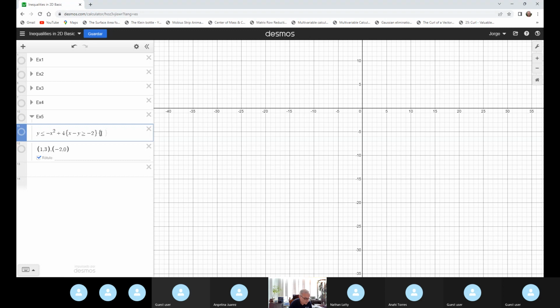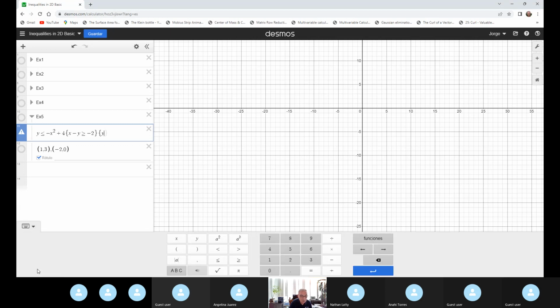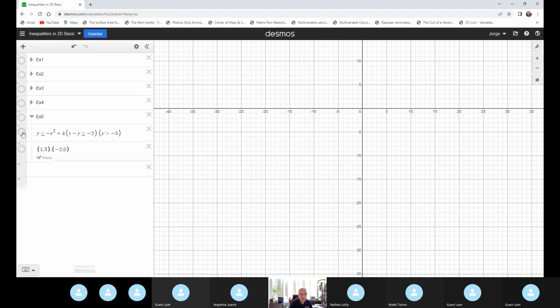And it is y greater than or equal to, and I recommend using the Desmos keyboard, which is fantastic for the less than, greater than, or equal signs. So greater than or equal to -5. Sorry, it's -5. Okay, ready. Now you press this, bang, and you see the solution.